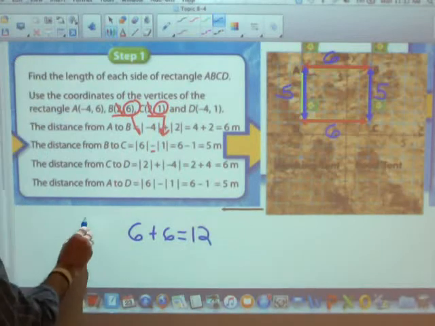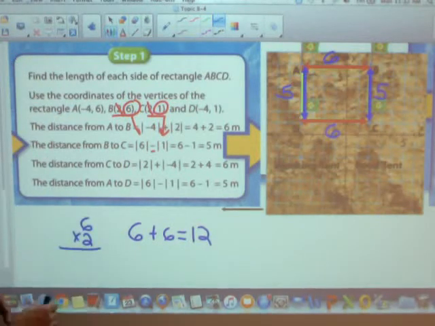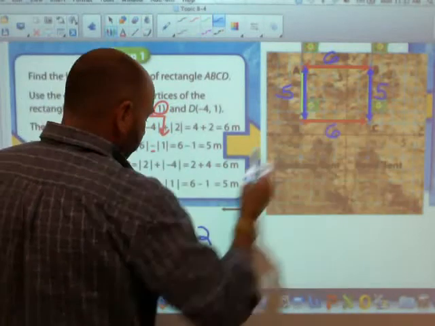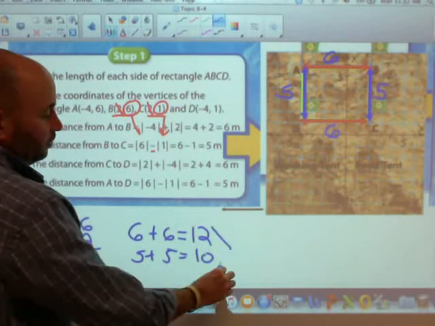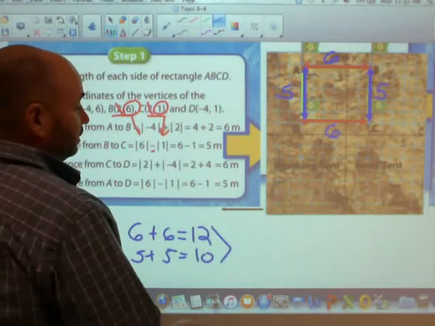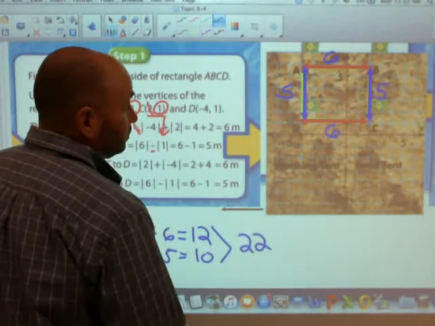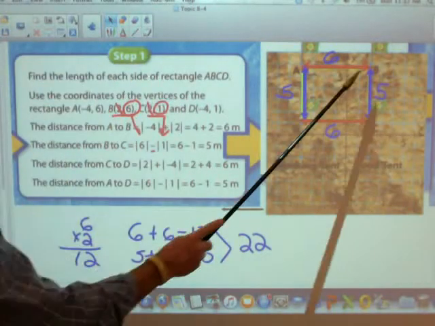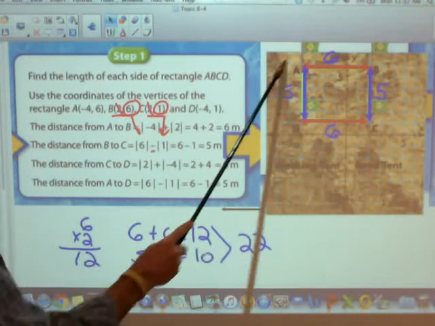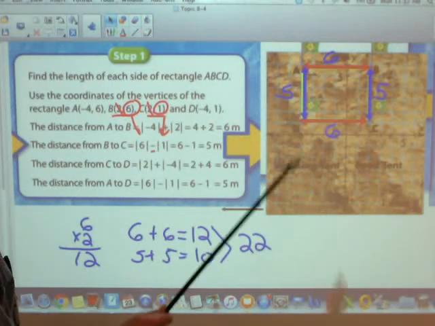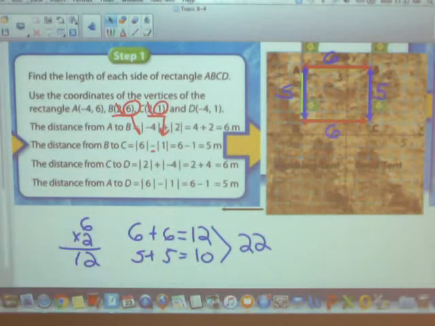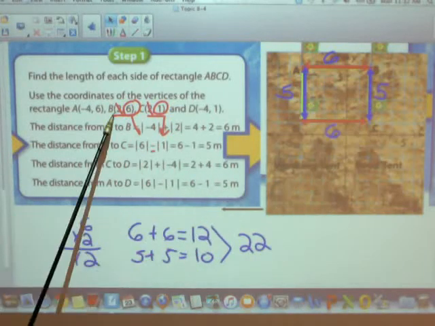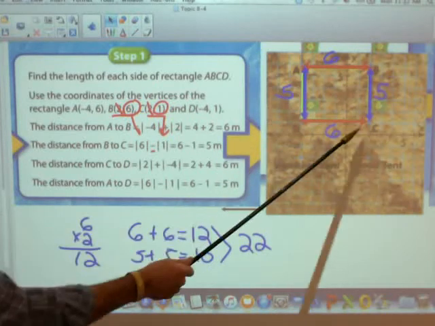And we could have multiplied 2 times 6. That works well also. And then 5 plus 5 equals 10. Then we add those two amounts together, and we get a total of 22. So the perimeter of this rectangle is 22 around it. Unit meters is what they're calling it, so that's what we would go with. So anyways, that's how you find perimeter using absolute values and the points on a grid.